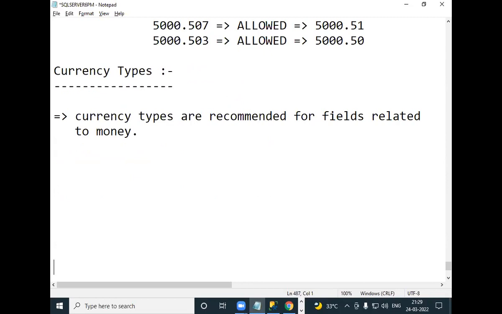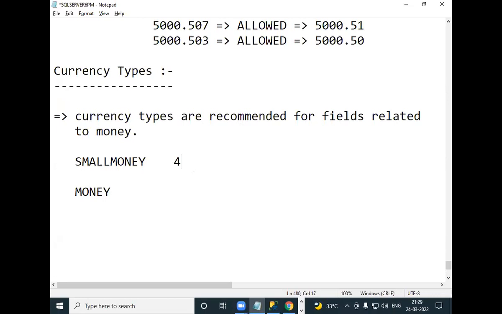And SQL Server supports two currency types. SQL Server supports what? Two currency types. One is called small money. Another is called money type.